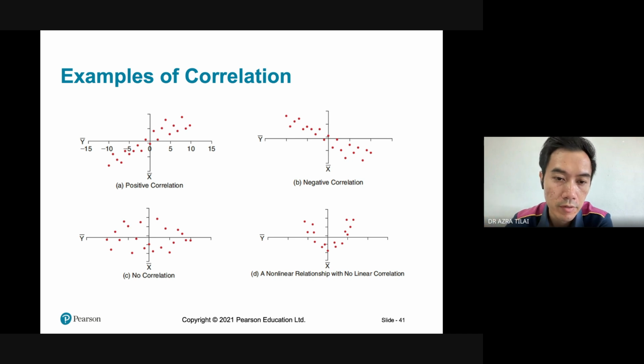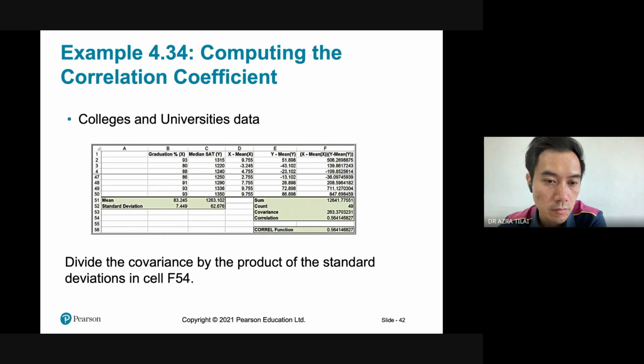Okay, we also have no correlation. That means, for example, if you were to shoot arrows at the board and there's too much dispersion, that means there's no correlation, or no linear relationship. It will look like this one, like graph D, chart D. Okay.